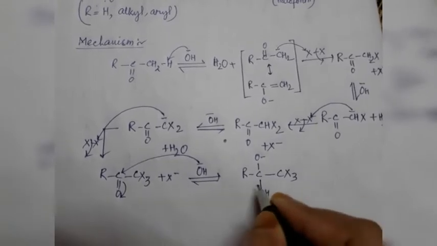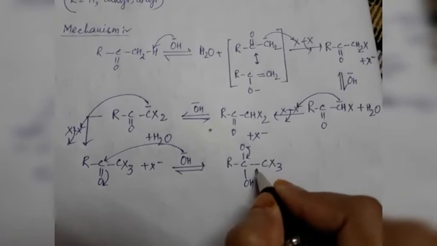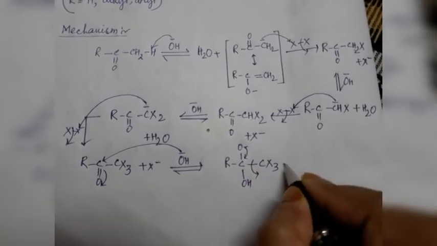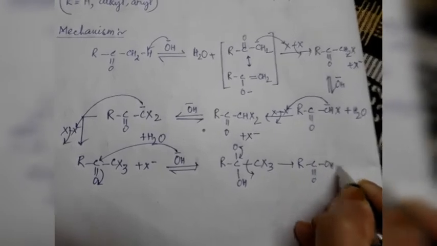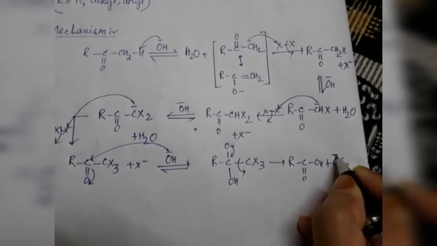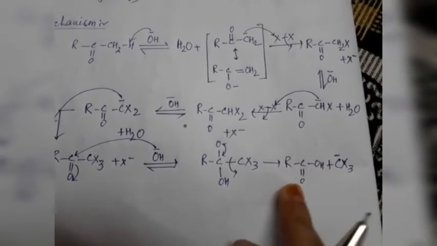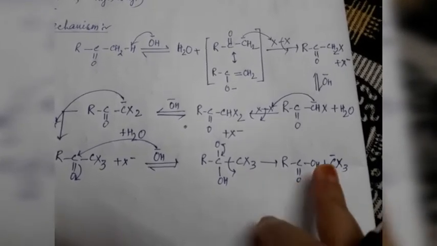Now this will shift and we will have RCOOH, that means carboxylic acid, with CX3 negative. As we all know, this is an acid, and the inherent tendency of an acid is to donate protons.